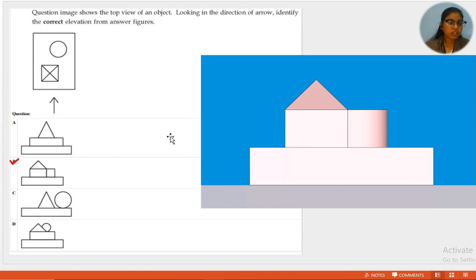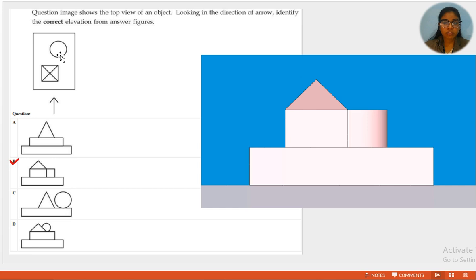Now look into this plan. If you look into the plan, you can see that in options C and D, this triangle and this circle are both separated from each other, that is, they are not touching at their corners or anything else. But if you look into your plan, this part and this part is behind. This circle is behind this square box, so they are somewhat back to each other.